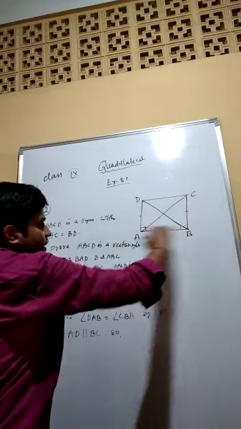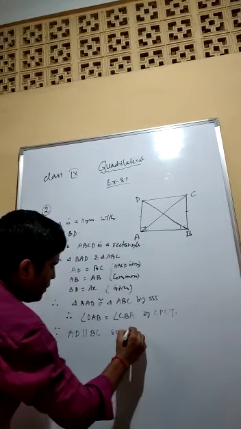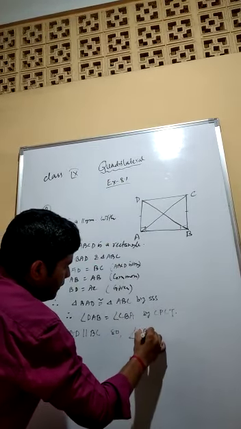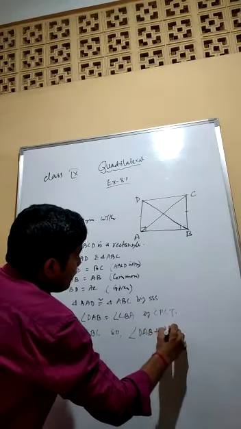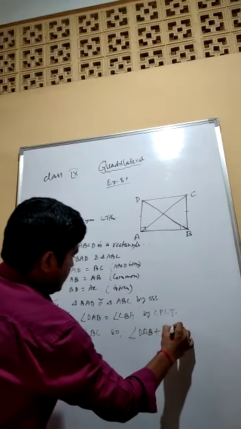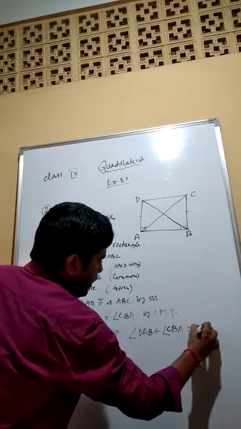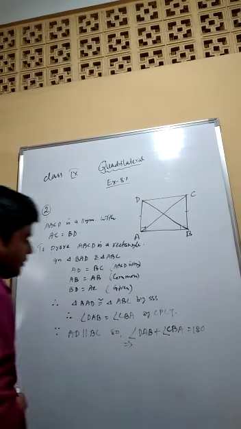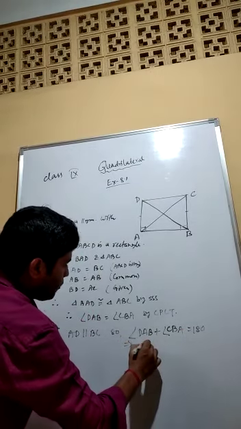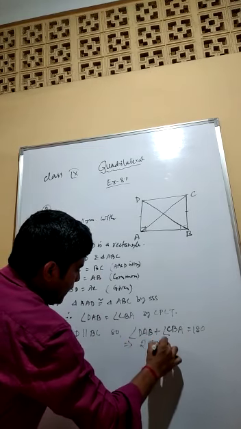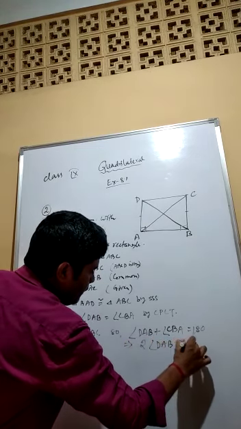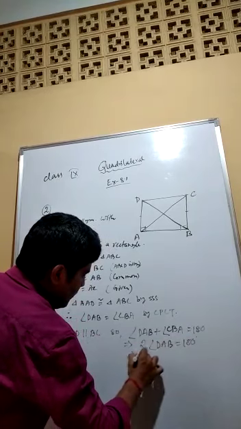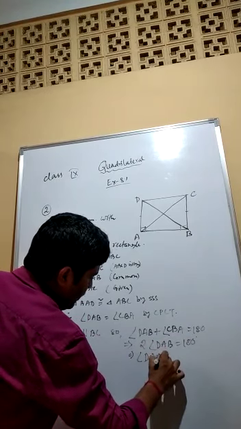If we consider AB as the transversal, then angle DAB plus angle CBA is 180 degrees. Now these two angles are equal, so 2 times angle DAB is 180 degrees. That means angle DAB is 90 degrees.